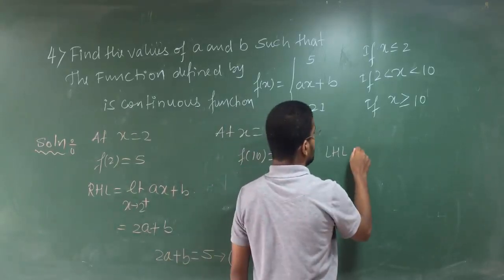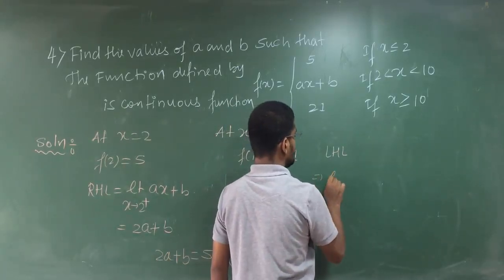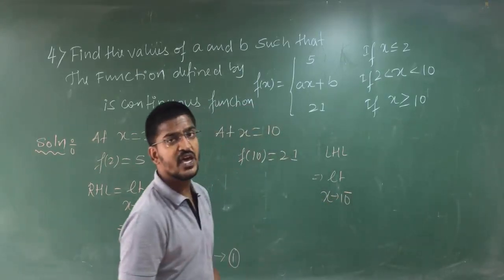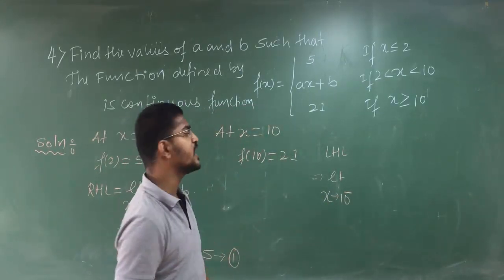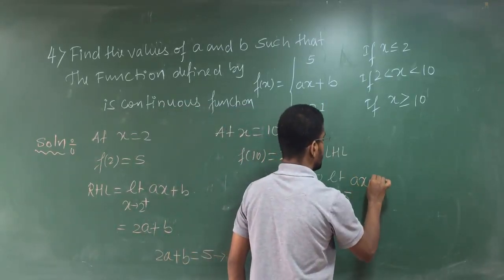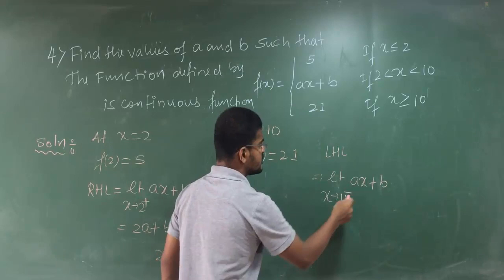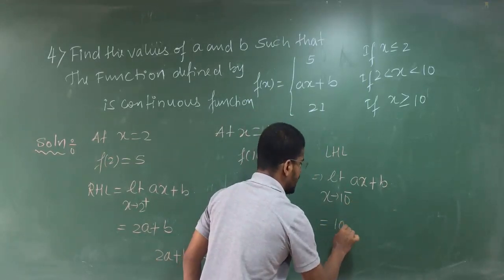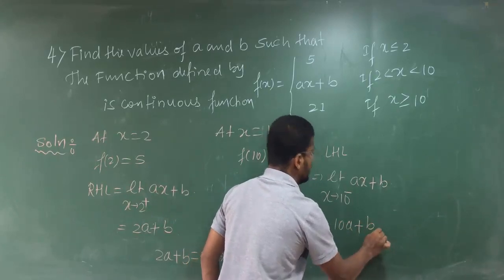That is limit x tending to 10 minus, because we are finding the left hand side of 10, again ax plus b. Therefore this equals, x value is 10, 10a plus b.